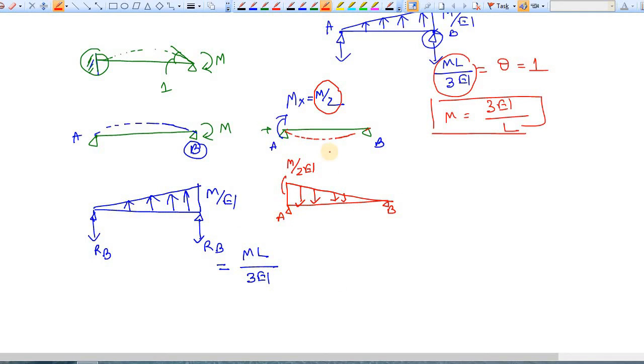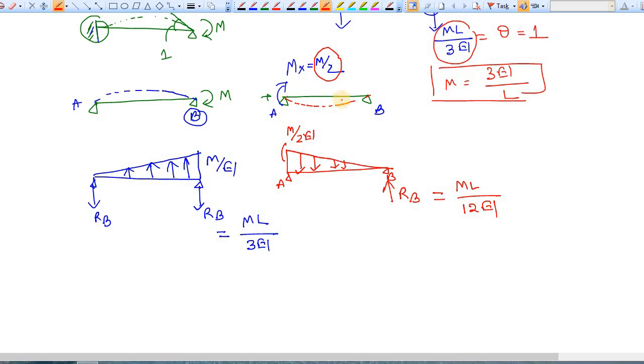To find the slope at B, you have to again find the reaction RB. In this case RB is coming as ML by 12EI. Here the slope is anti-clockwise and here the slope is clockwise, so take this positive and this negative.